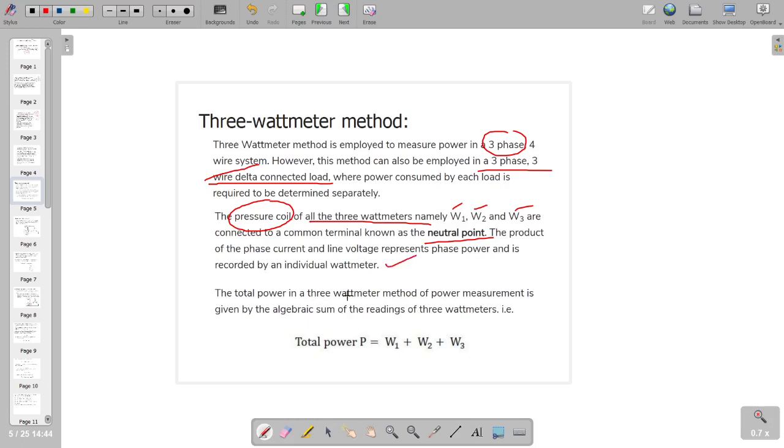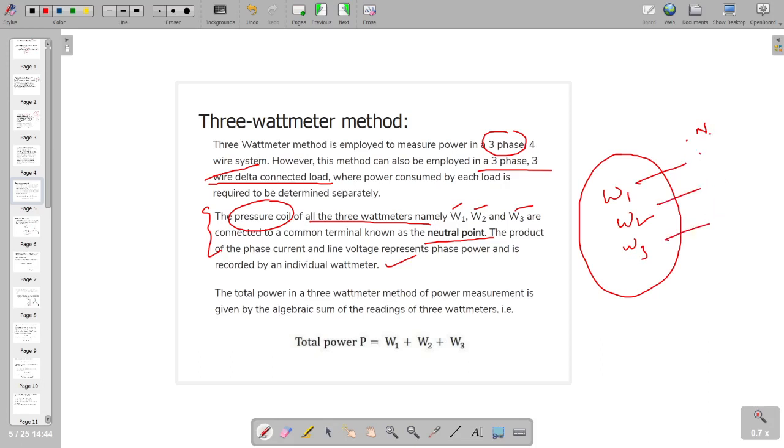Here I am considering three wattmeters W1, W2 and W3, whose pressure coils are connected to a common point, the neutral. The sum of the three wattmeter readings is treated as the total power of the system, that is W1 plus W2 plus W3.